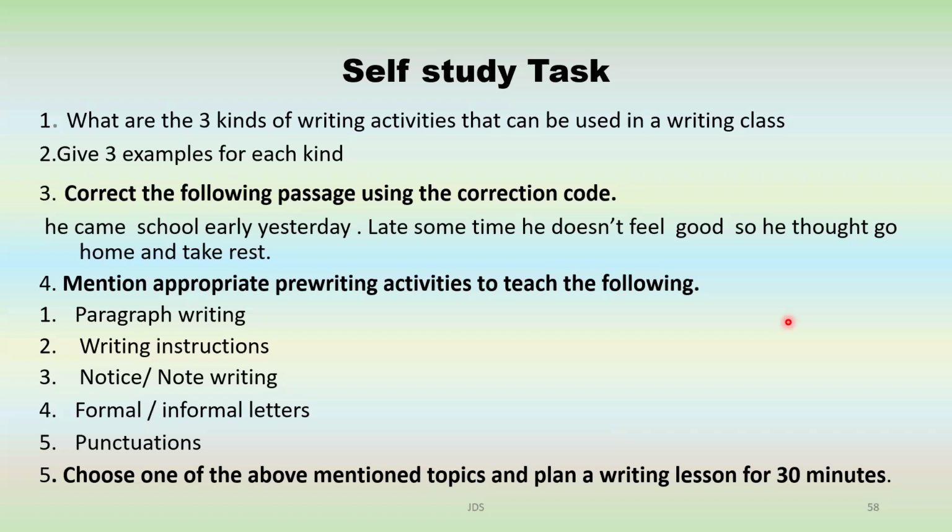Right? So that's it you have to do for the fifth question. Put informal or formal letter writing and write the presentation, what you are going to do. Practice, what are the two tasks you are going to give. Production, what are the two tasks you are going to give. That's all.